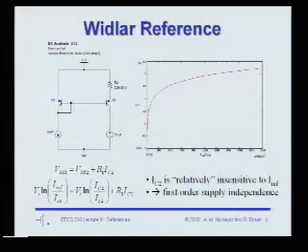Okay, so let me go where we left off last lecture. Last lecture we were talking about the Widlar reference, and we noted that it's a circuit that is somewhat insensitive to supply voltage. The output current, IC2, is the current through this transistor.